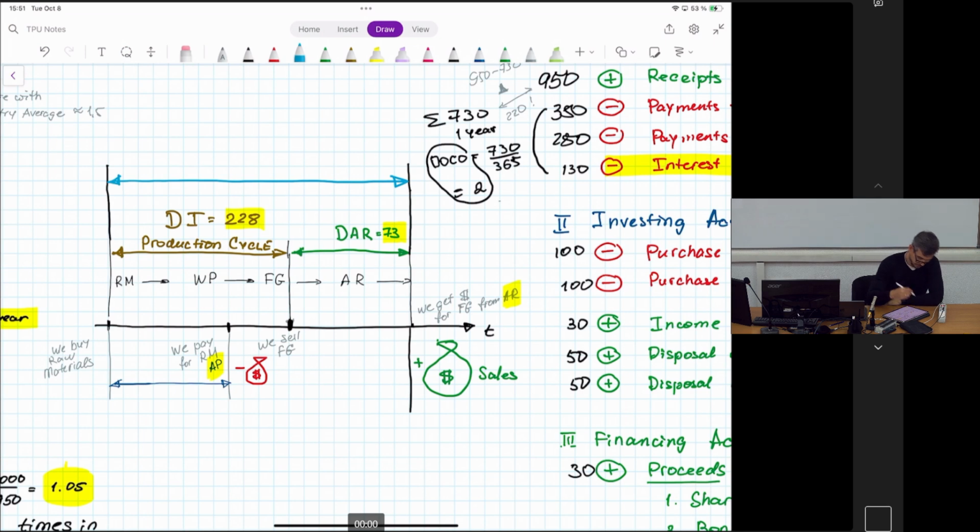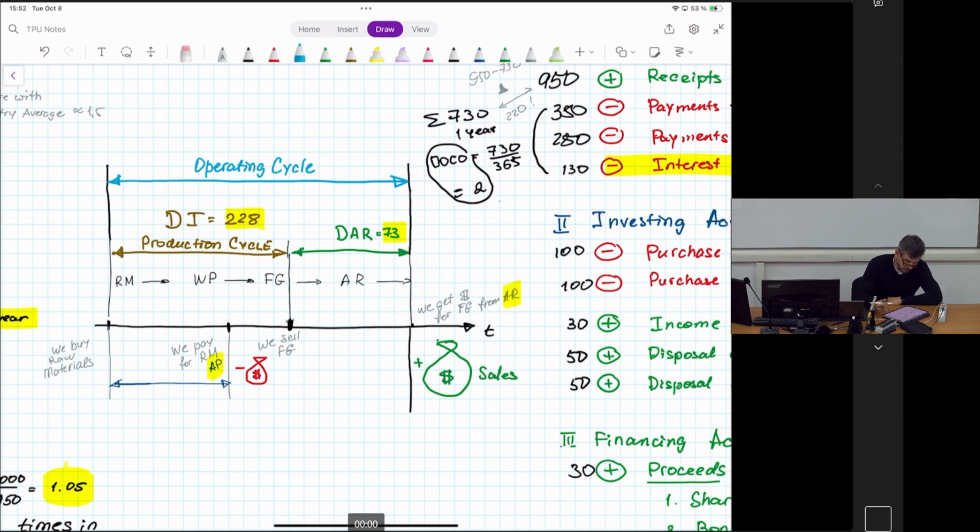And this period of time is called the operating cycle. So this is the time we need to convert our inventories and convert our accounts receivables into cash.